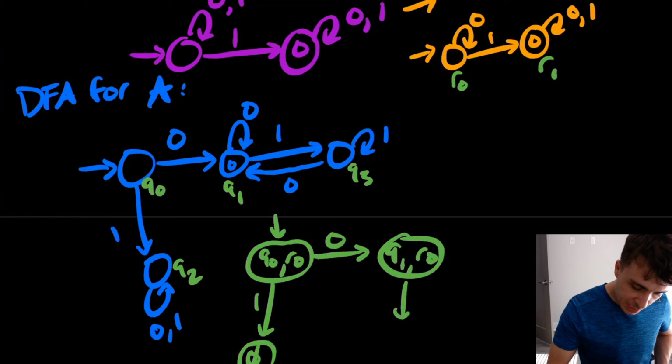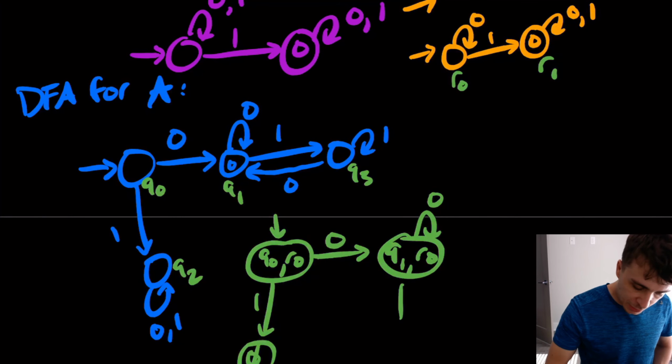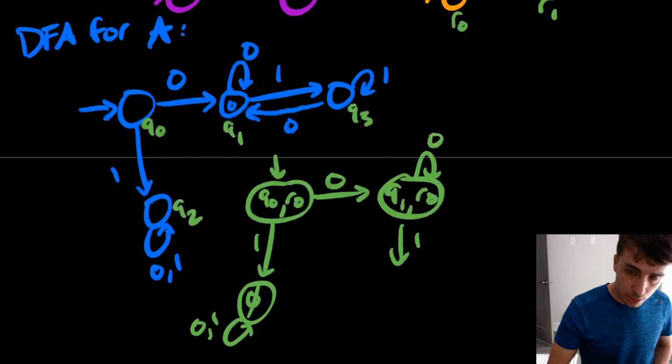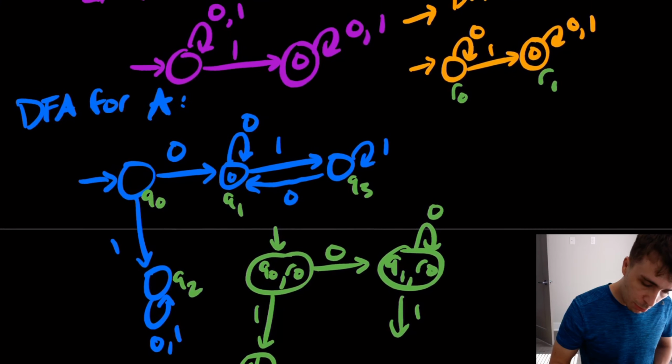So then if I see a 0 from Q1, then I'm going to be in Q1. So this one's going to loop on 0 from what I can tell. If I see a 1, where do I go? I go to Q3 R1.